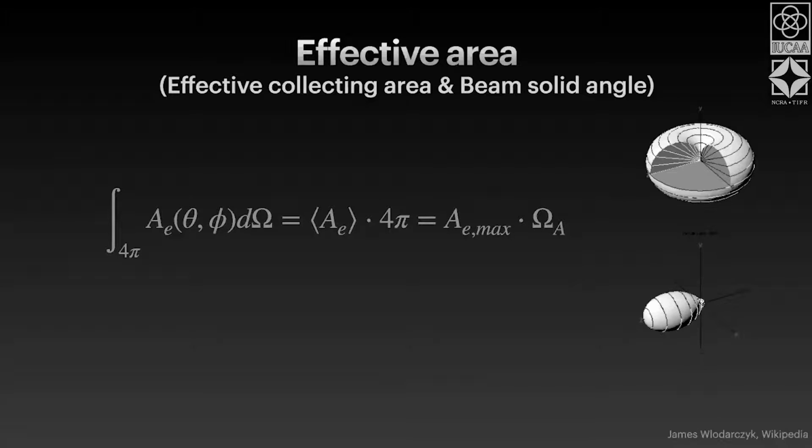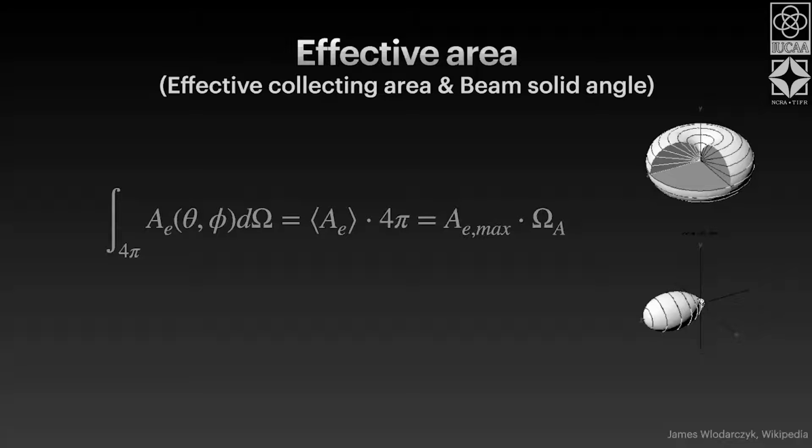Now, these relations on the effective area should be somewhat obvious: if you integrate the effective area over the entire 4 pi steradians, it can be expressed as the average effective area times 4 pi.